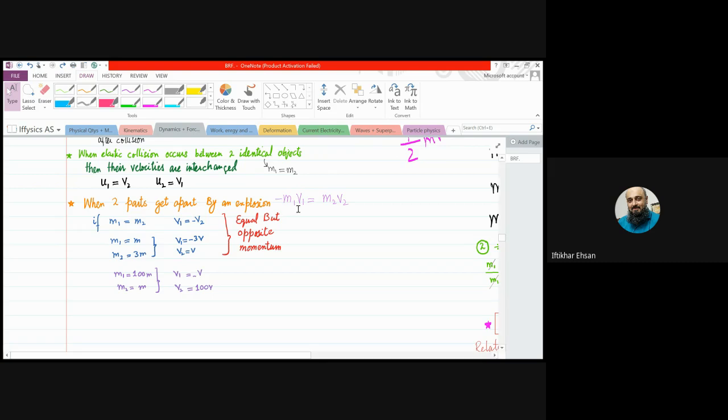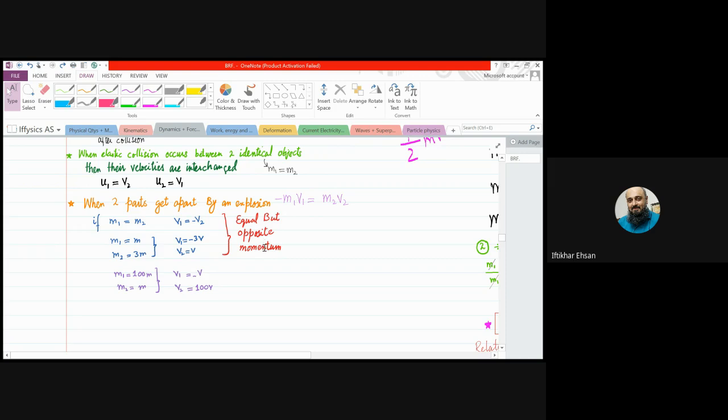It will be possible when the momentum of both pieces is equal but opposite. The negative sign shows the directions are opposite. So whenever an object breaks into two parts, the momentum of both parts will be equal but opposite.